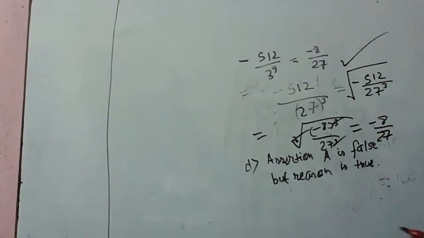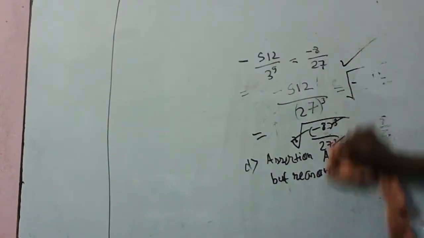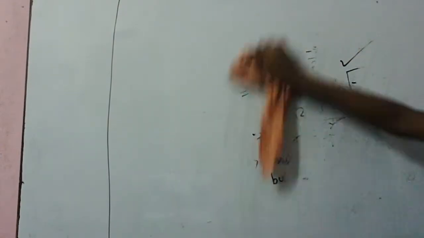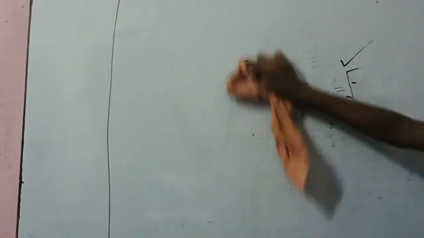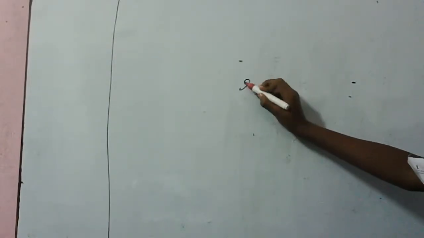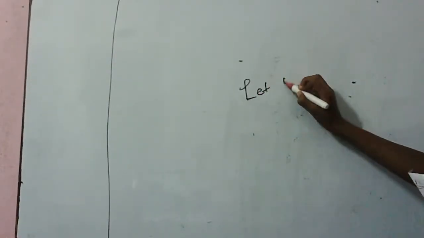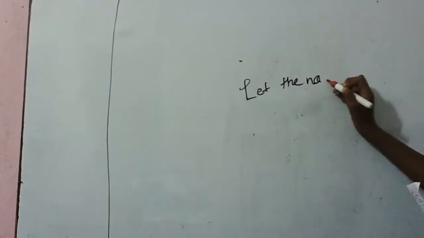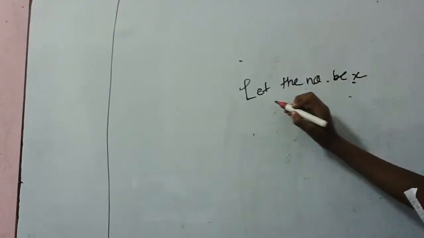Now, section B. The first question of section B is prove that if a number is tripled, then its cube is 27 times the cube of the given number. It's so easy. Let the number be x.